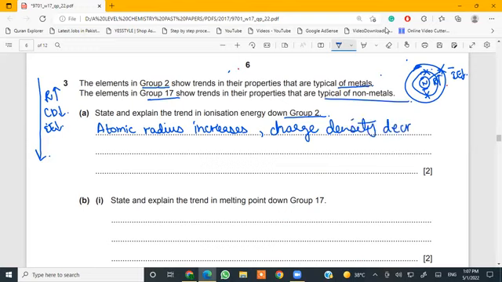And if the charge density decreases, then the outer shell electrons become less tightly attracted to the nucleus.